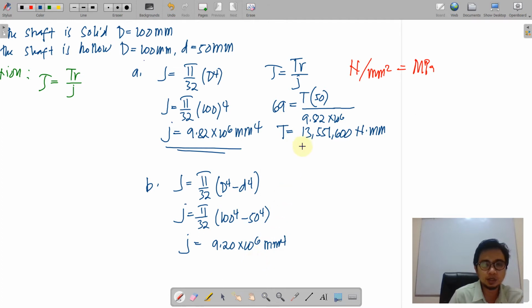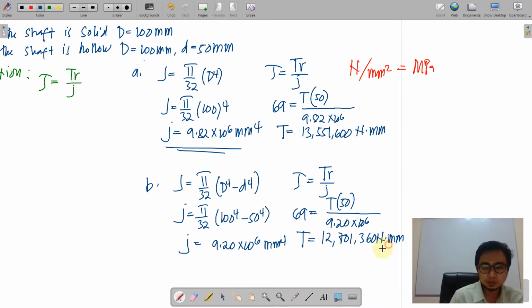Similarly, we simply substitute this J into our formula. So we have here the substituted values, and as we can see, R here is still 50 because the radius is always referred to the outer diameter no matter what. Whether it is a hollow or a solid shaft, we always refer to the outer diameter.